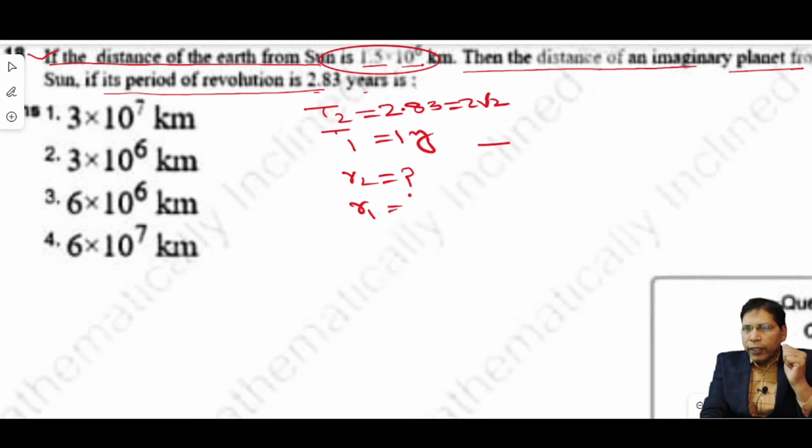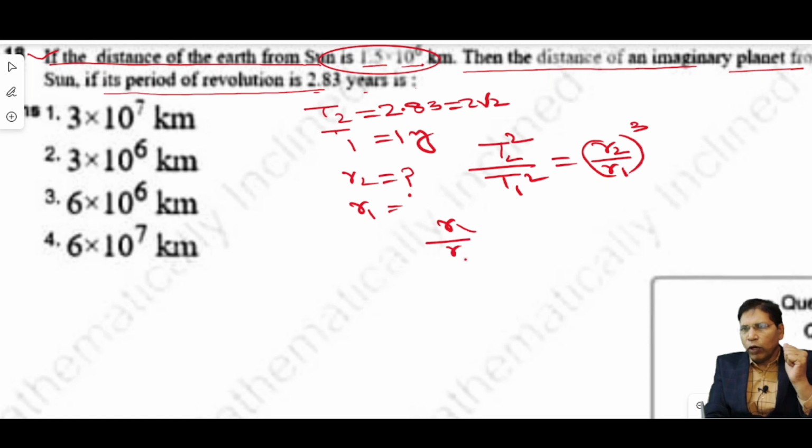Now from Kepler's third law, T2 square by T1 square equals R2 by R1 whole cube. Therefore, R2 by R1 equals T2 by T1 to the power 2 by 3.